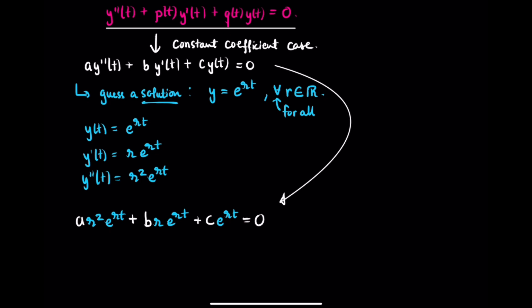All right, and now you can see that in each of these terms there's e^(rt), so we can bring that out. So e^(rt) times (ar^2 + br + c) equals 0.